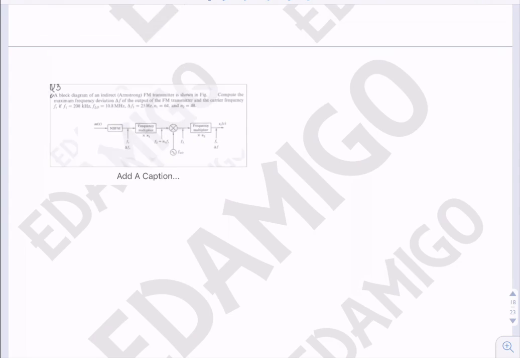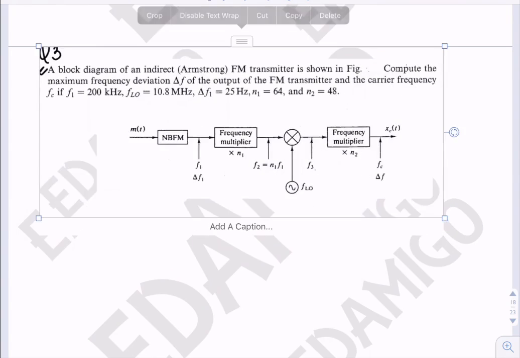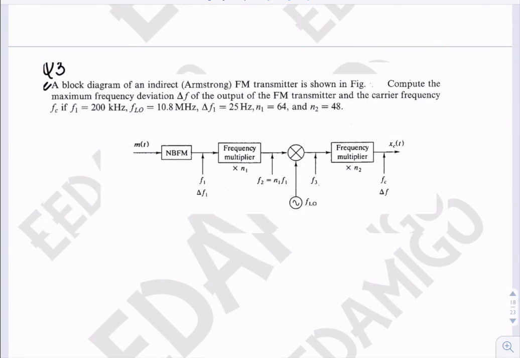Let us first of all paste the question figure. So this is the indirect method that is called the Armstrong method of frequency modulation. So this is the signal m(t), and we are doing the NBFM, that is narrowband frequency modulation of m(t), and it is given that after narrowband frequency modulation, the F1, that is the frequency of the narrowband frequency modulation, is given.